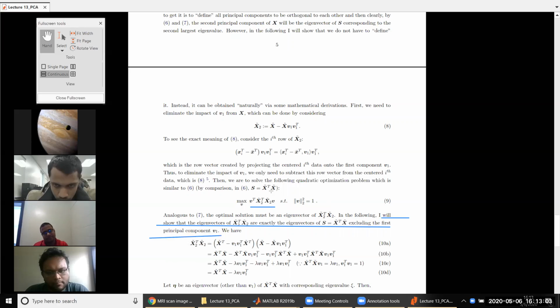So if all your eigenvectors are the same as S, excluding the first principal component, then let me ask you, what is the biggest eigenvector here? Of course, that's going to be the second biggest one, right? Because the first biggest one is already excluded. And then you tell me that all of them are exactly the same here. Then of course I'm going to choose the second one.